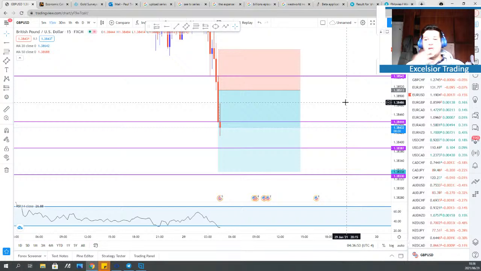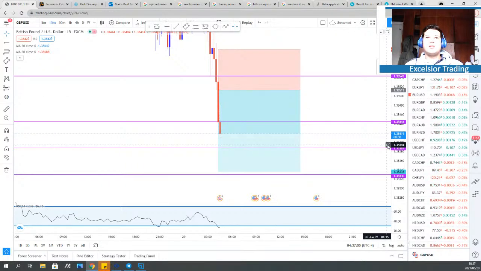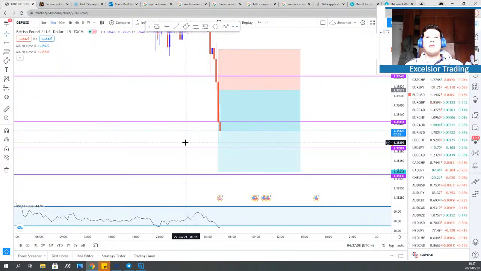This is where you have to really manage your risk, right? So let's wait for price to come back to the zone here. Once it comes back down here, stop losses will be put to break even, and then we'll let the rest ride out. Okay. So we were at USD CHF.